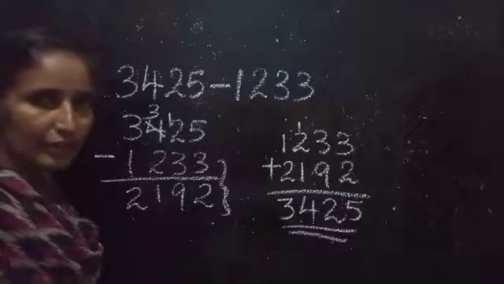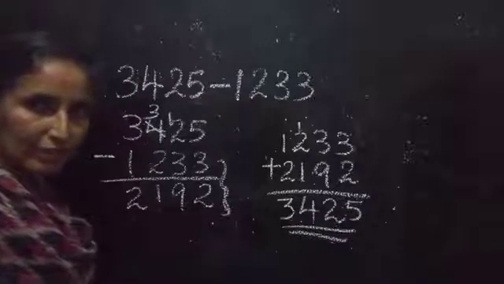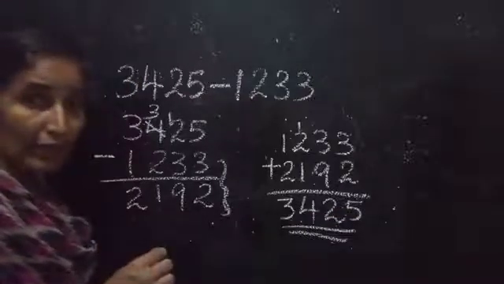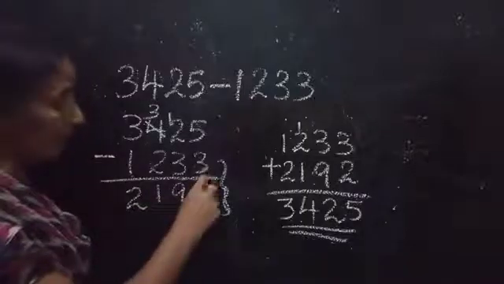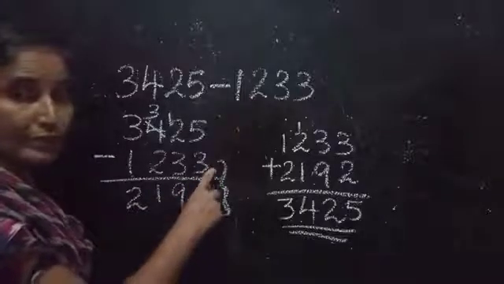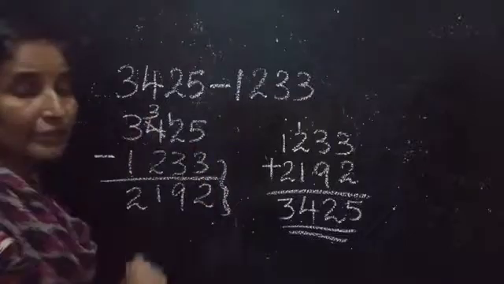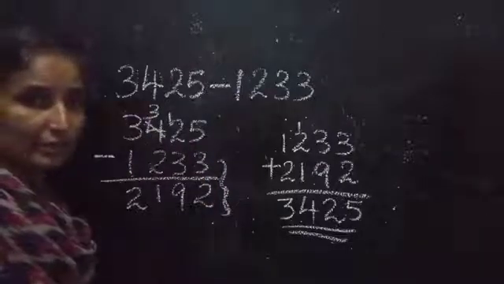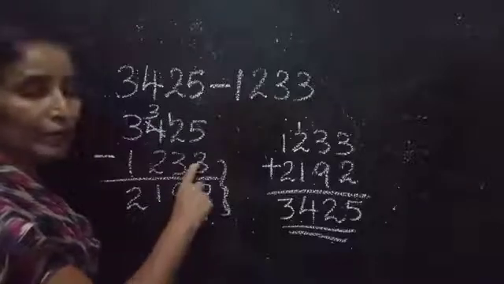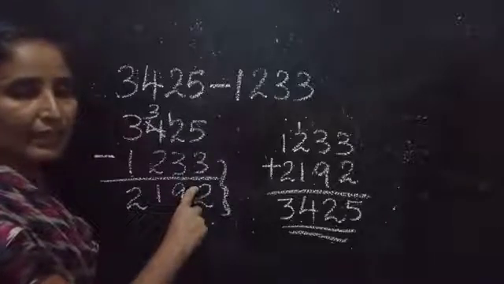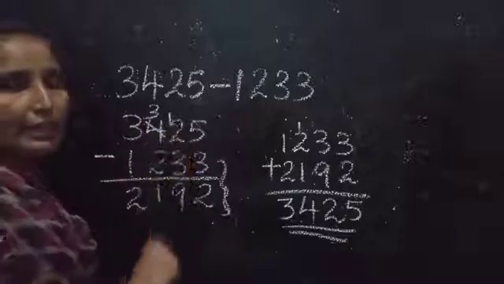Understood? So, if you are doing subtraction, when you get the answer, if you have time, we can add these two small numbers and check whether your subtraction is correct or not. Understood? When you add the two small numbers in subtraction, you will get the big number.